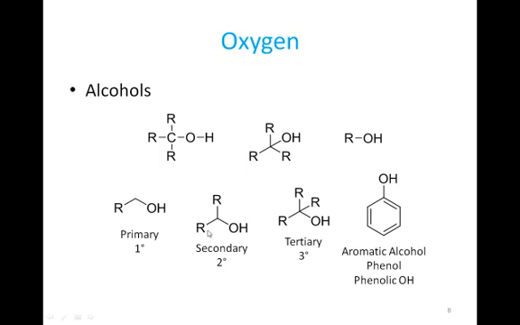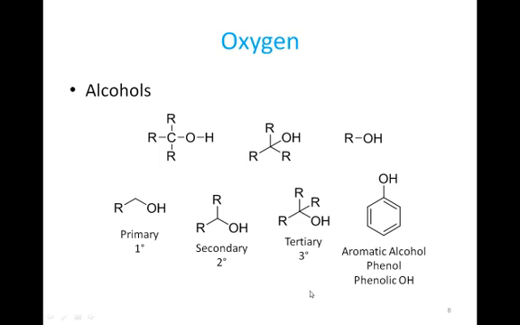Now, if we were to have two things attached to this carbon, here's your OH, here's your carbon it's attached to, that's attached to two other things, call that secondary alcohol. And if this OH is then attached to a carbon which has three things attached to it, call that a tertiary alcohol. So primary, 1, secondary, 2, tertiary, 3.